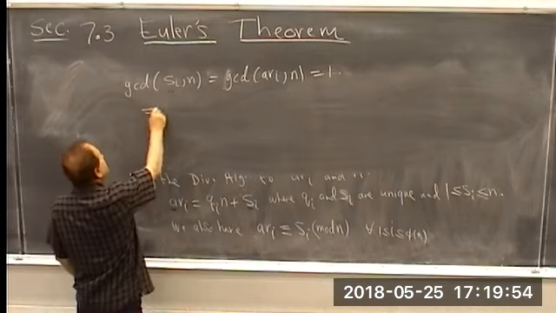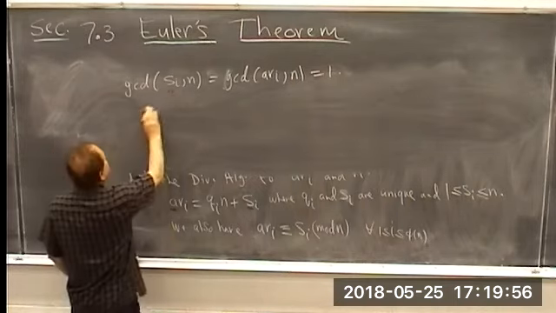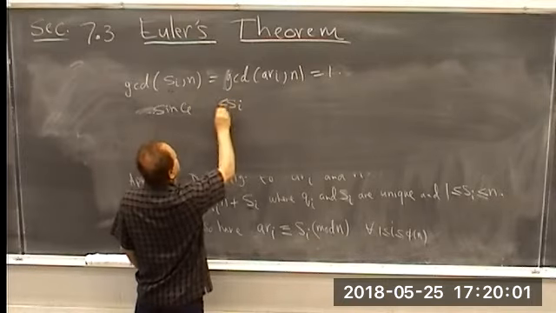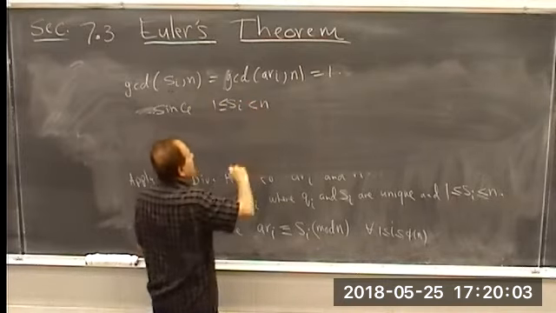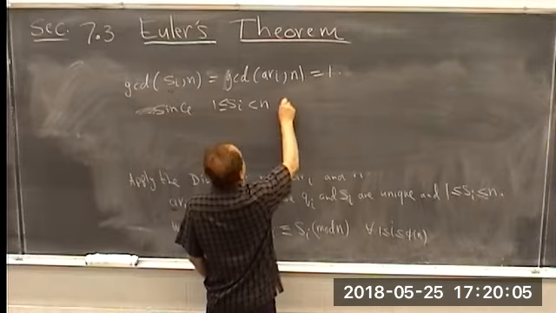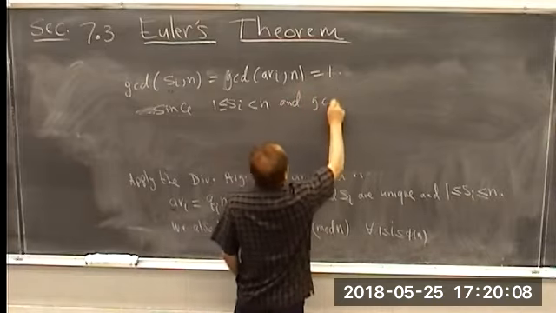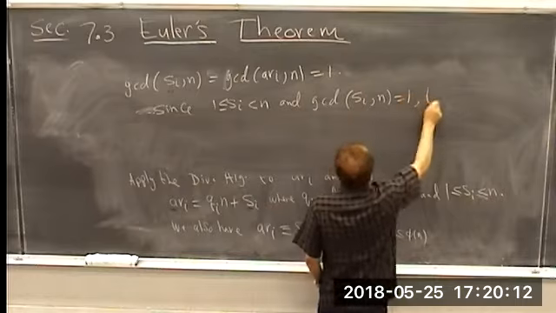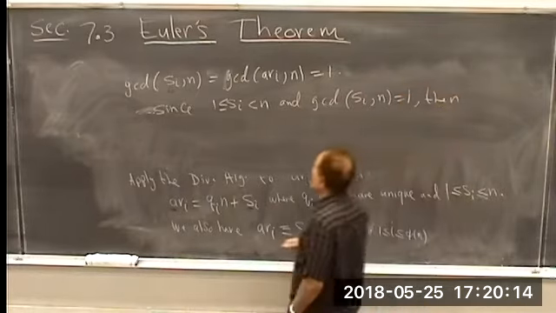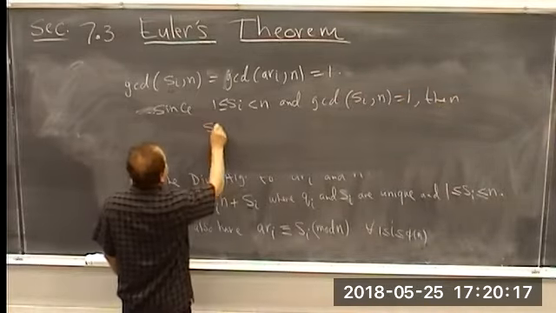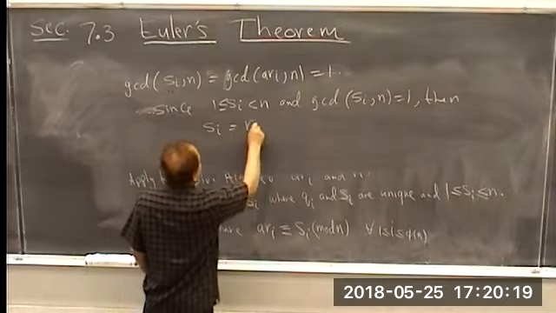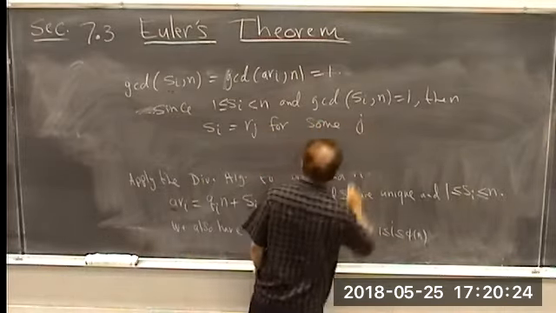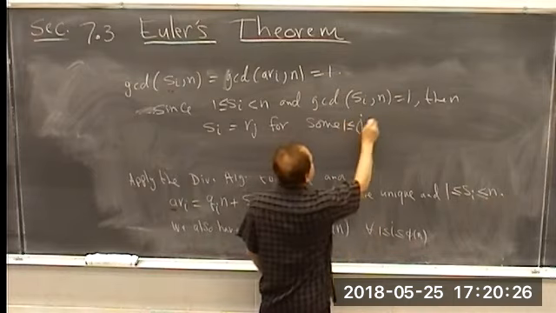So it means that the greatest common divisor of SI and n is equal to 1. Now this implies, since SI is between 1 and n, and of course the greatest common divisor of SI and n is equal to 1, then SI equals R sub j for some j, and this is between 1 and n.